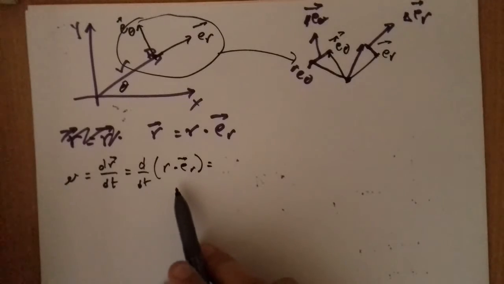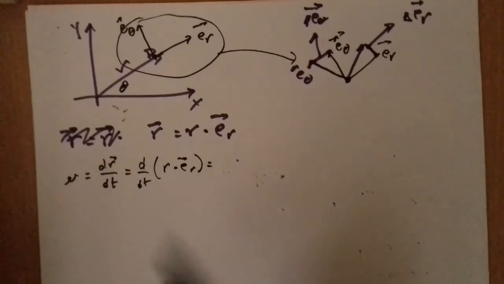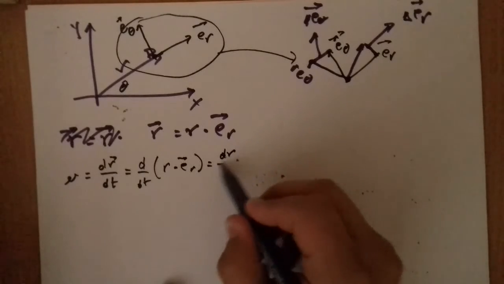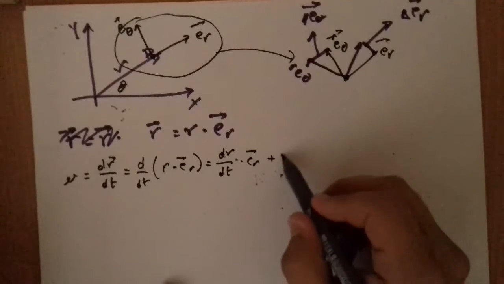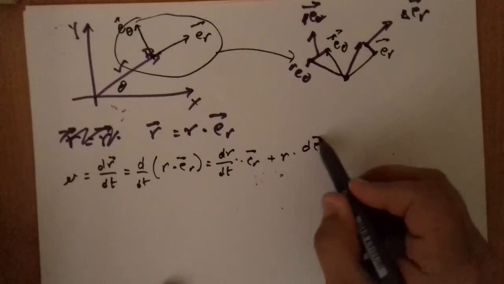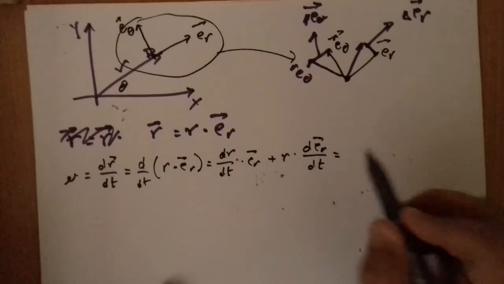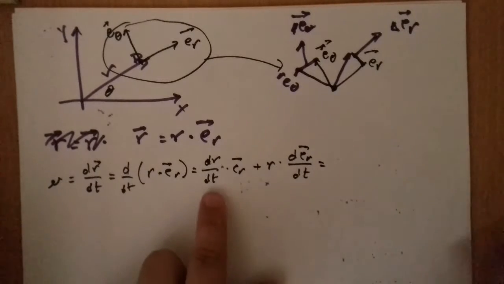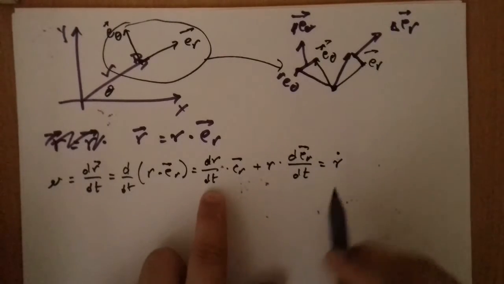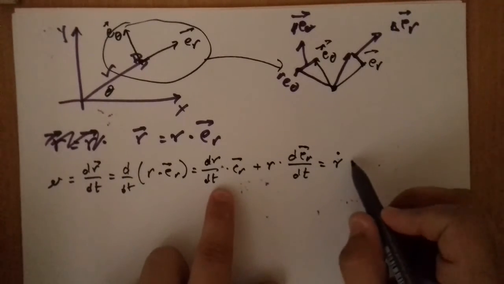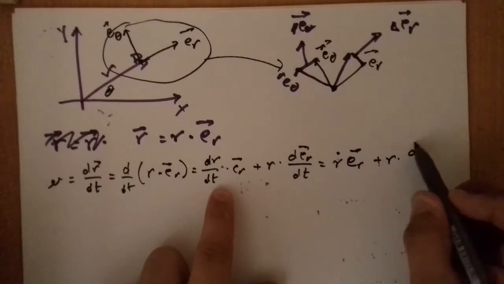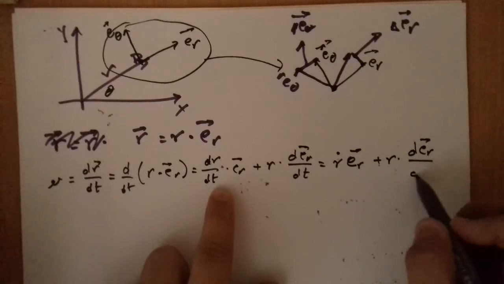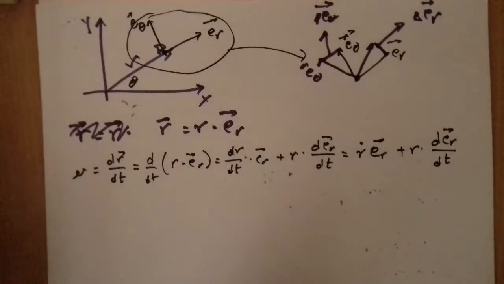Now we have to use the product rule for the derivative. So this is r dot, the first derivative, in e r direction, plus r times de r by dt.